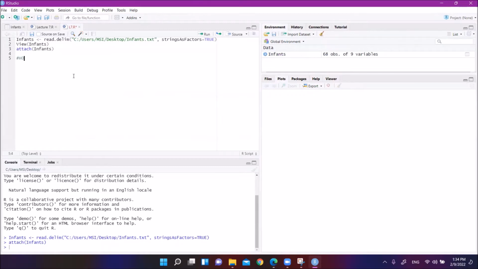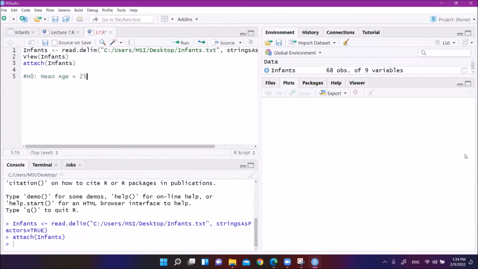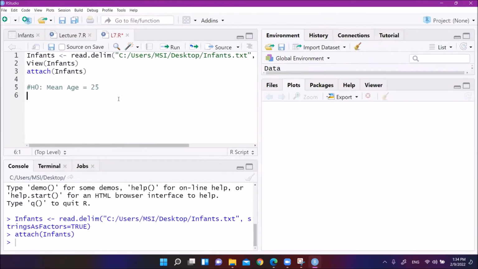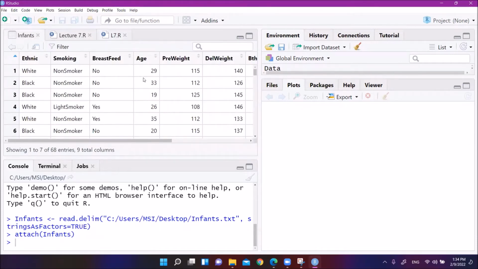Basically our H0 is that age is equal to whatever the hypothesized value you are interested in, right? If you are supposed to test this, you first have to decide what to perform. So this is basically a one sample test. This is a quantitative variable, a continuous scale variable, right?